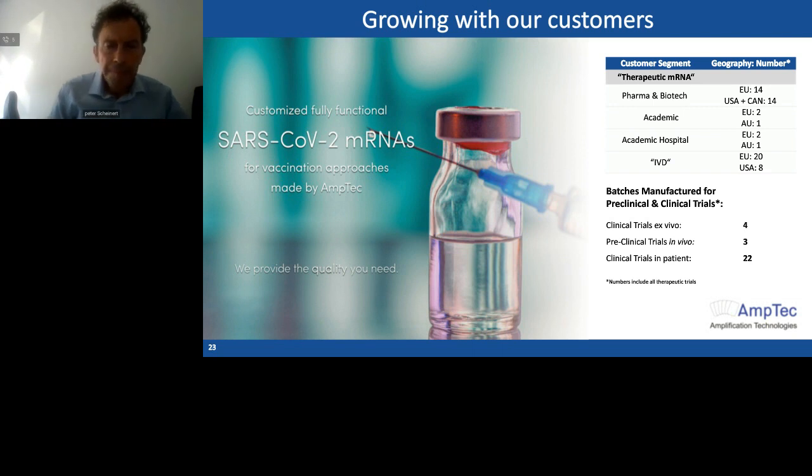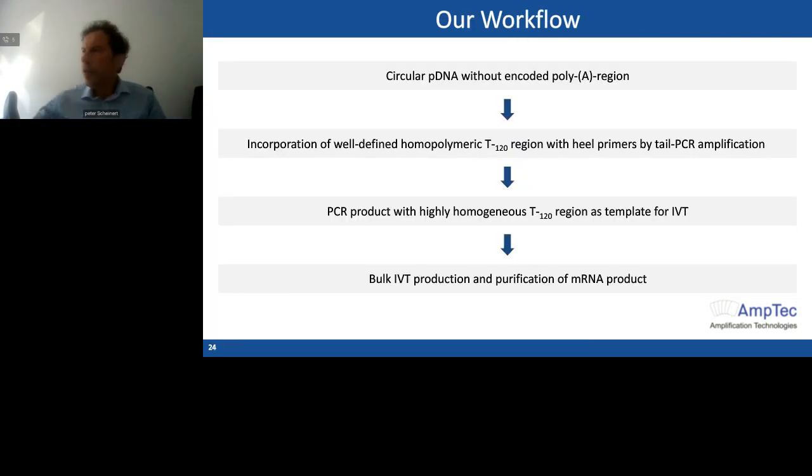The next slide: a bit about our workflow. I don't want to go too much into detail at this point because it would be certainly too technical. Just to let you know that we have a different workflow. We have a PCR-based workflow. In our production, we don't have a plasmid-based workflow.